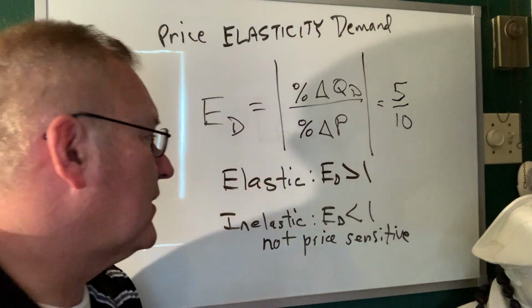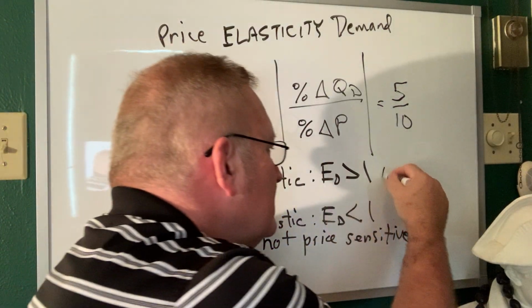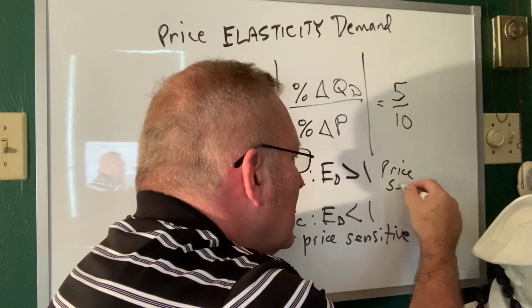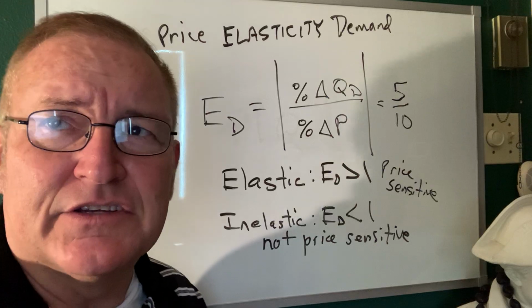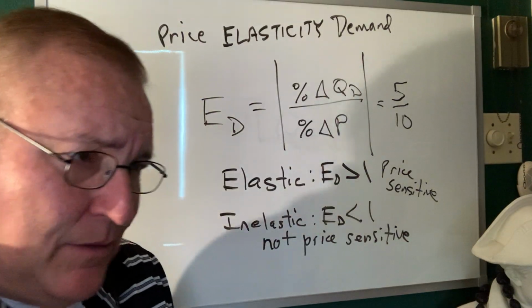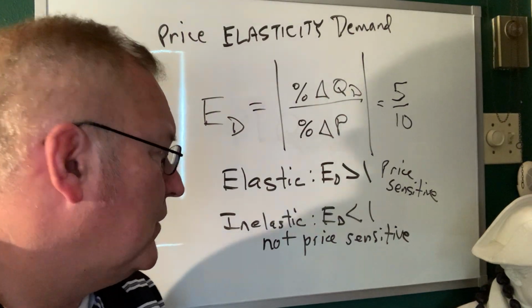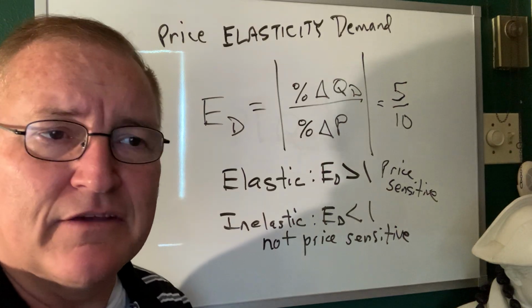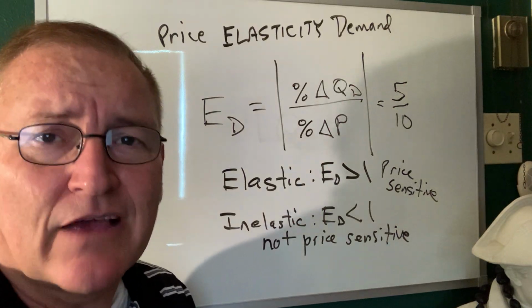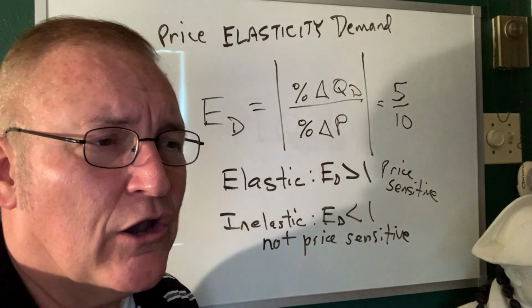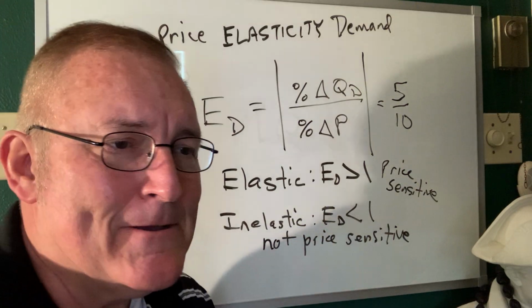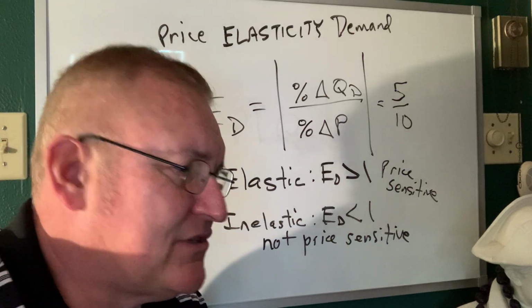Versus elastic, which is really price sensitive. You're said to be price sensitive if a change in price does have a fairly dramatic impact on your consumption. A good example might be seltzer water.